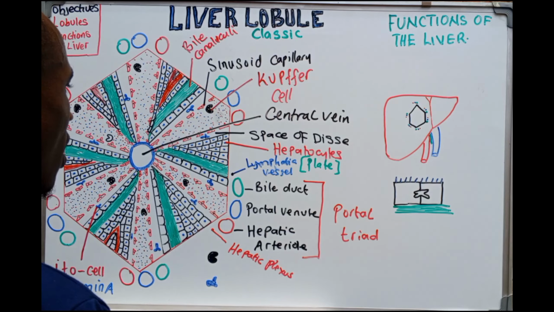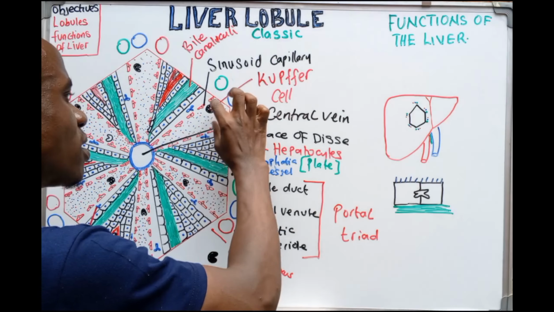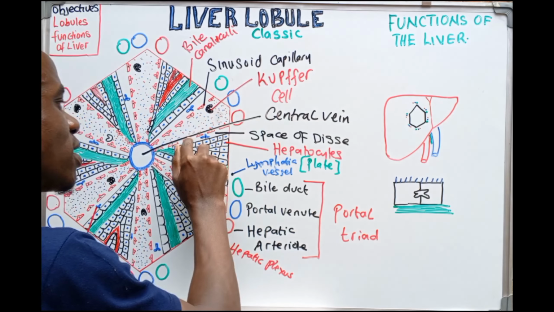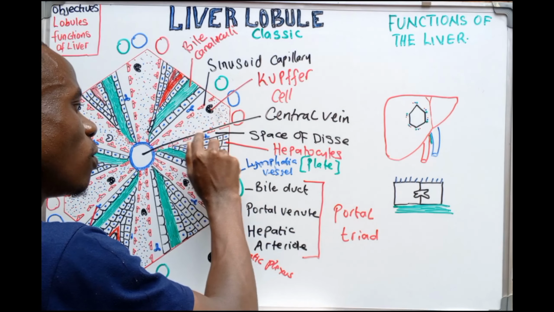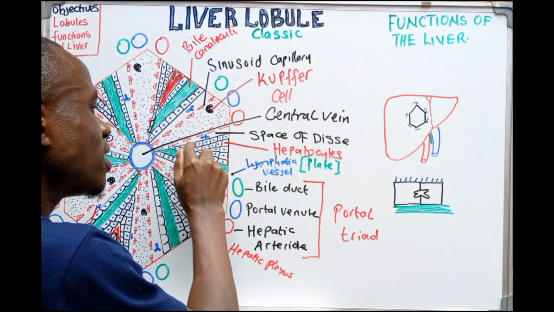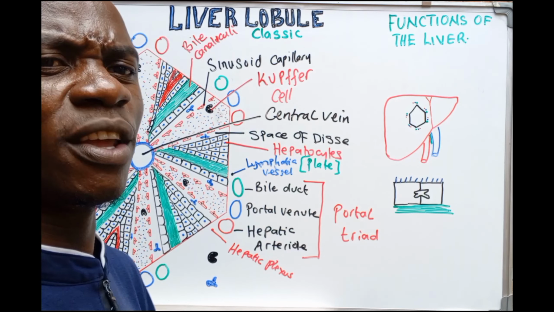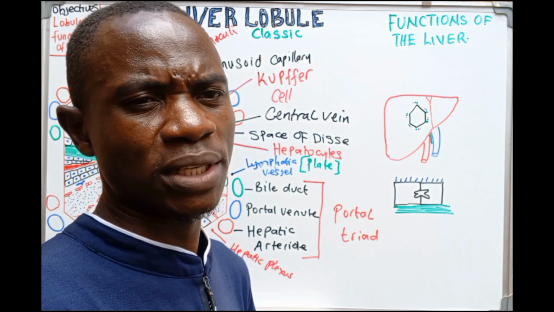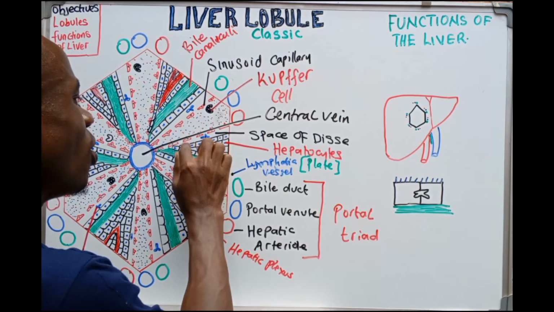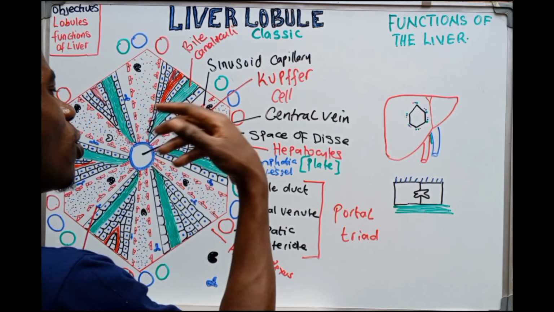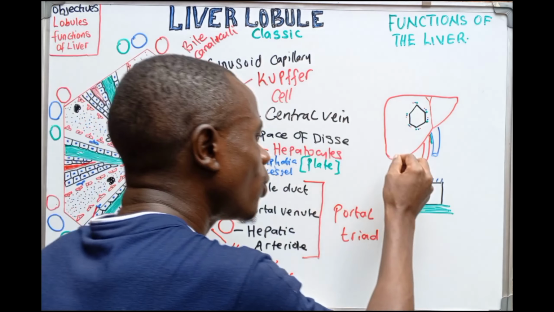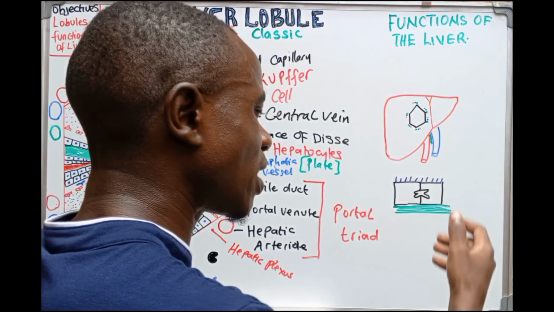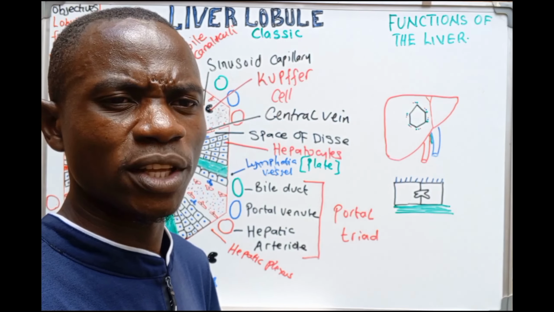Okay, so now once the nutrients from the sinusoid capillaries leave through these fenestrations into the space of Disse, these hepatocytes are designed with different transporters, okay? Different transporters of different substances. Now, we are going to see the unconjugated bilirubin getting transported into the liver cells, which are called hepatocytes, for different metabolic processes.